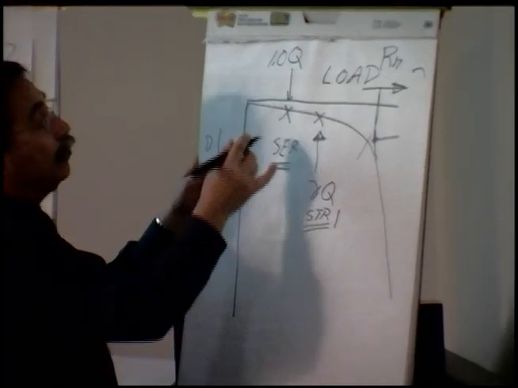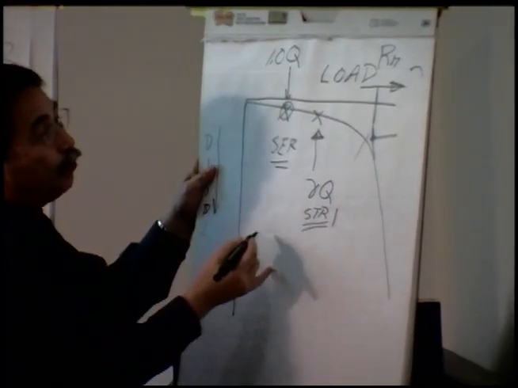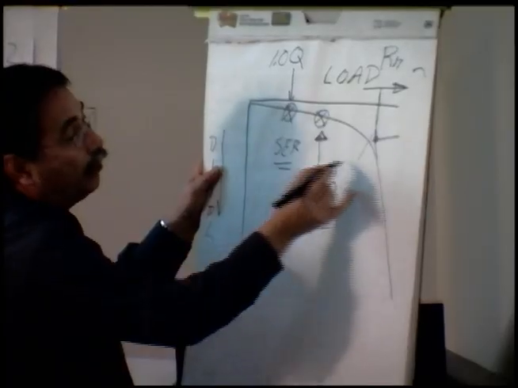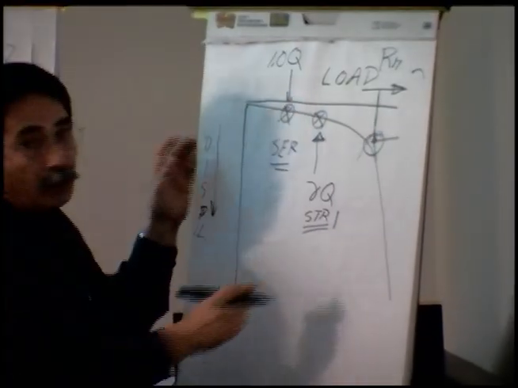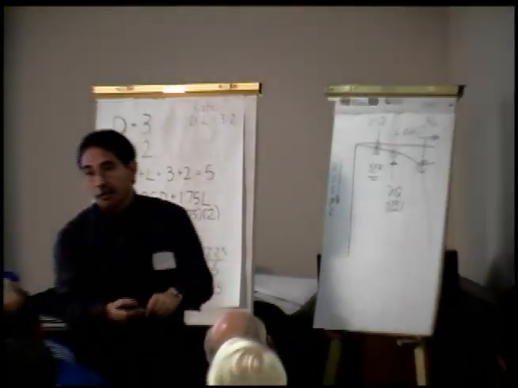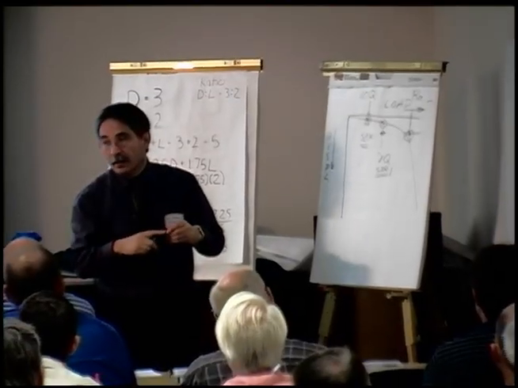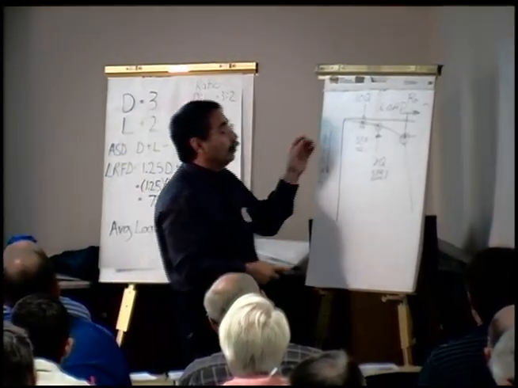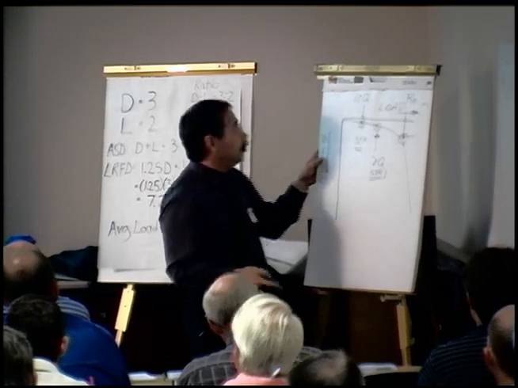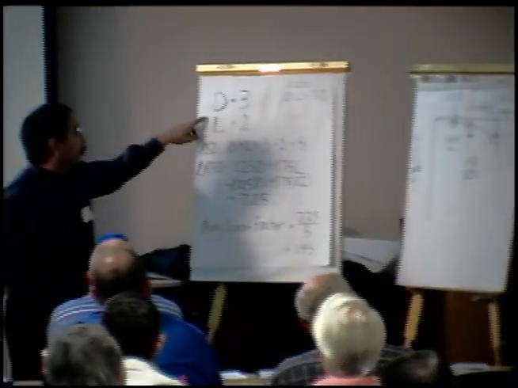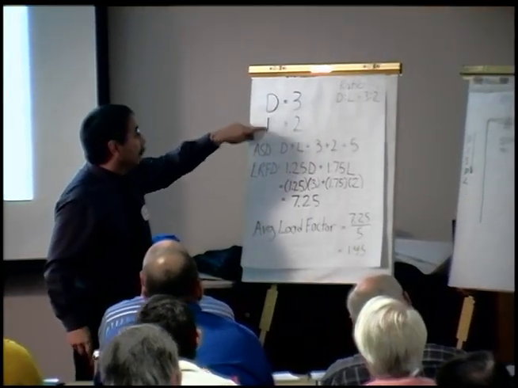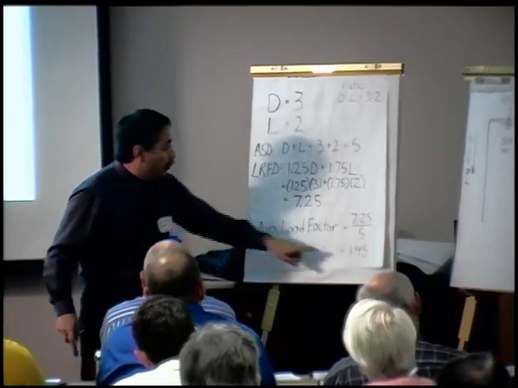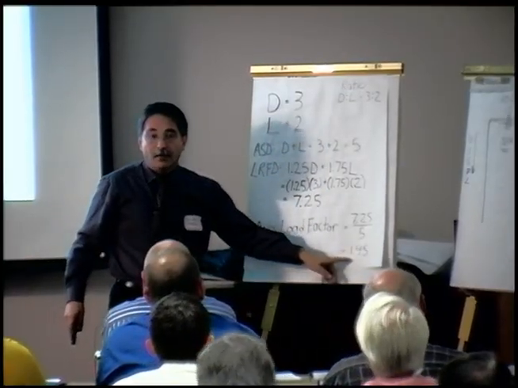So the important thing to note is, are we talking about this point here, or this point here as we load up the pile? Does that make sense? In this case, in a typical bridge where we have a dead load to live load ratio of 3 to 2, and we sum them out, this is where this 1.45 came from.